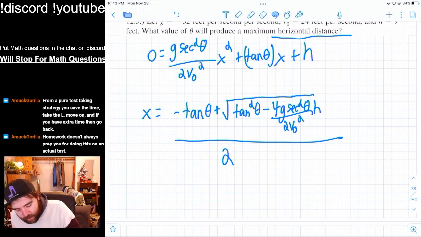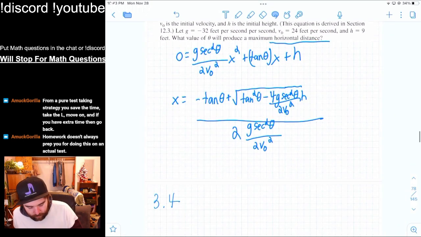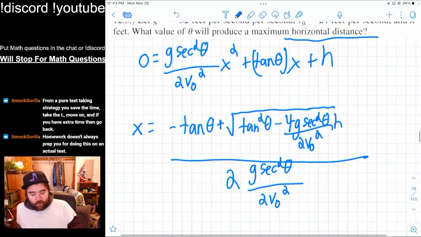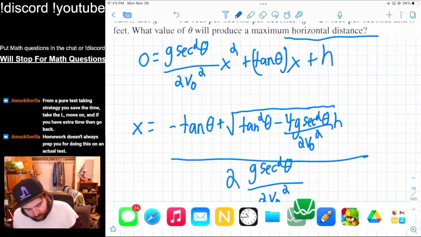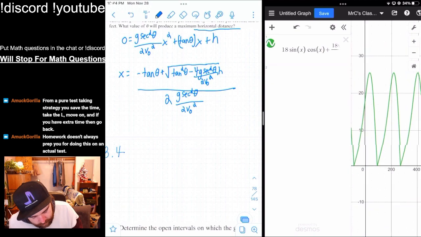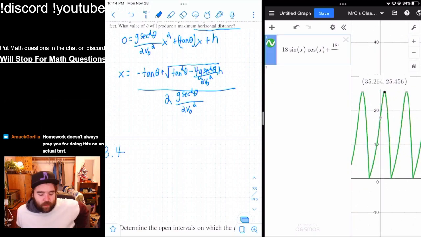Because now we're going to plug in our numbers, and we're going to have to go to the calculator anyway. So we plug in the numbers they give us, go to the graph, type it in, and look, here's the graph. We can just see the maximum. The maximum is right there at 35.26. That's all they wanted us to do here.